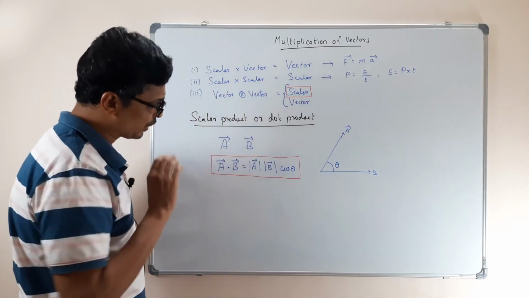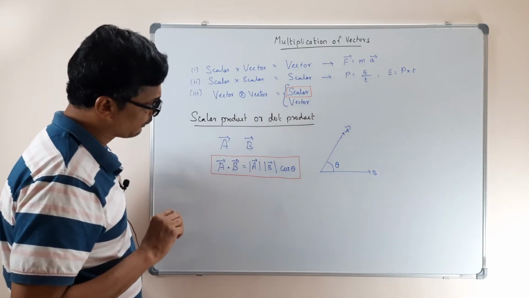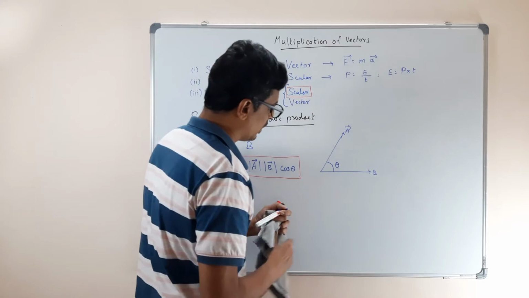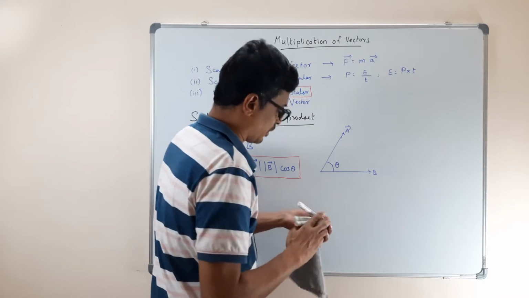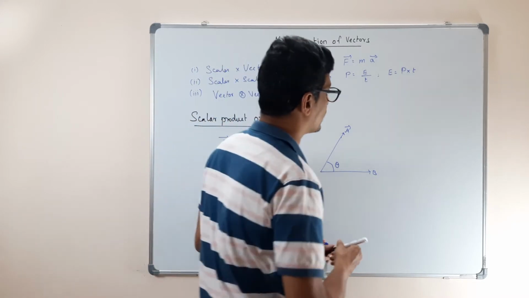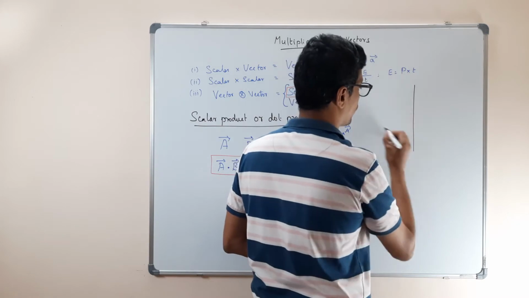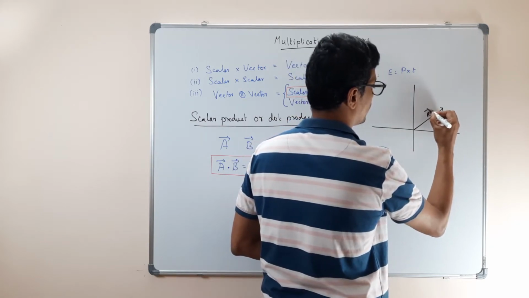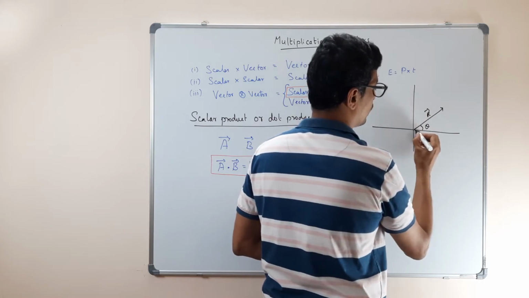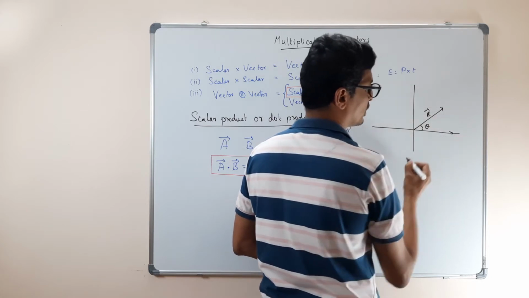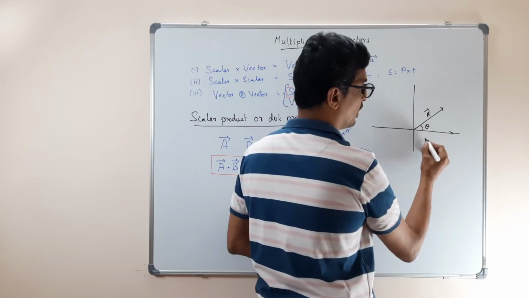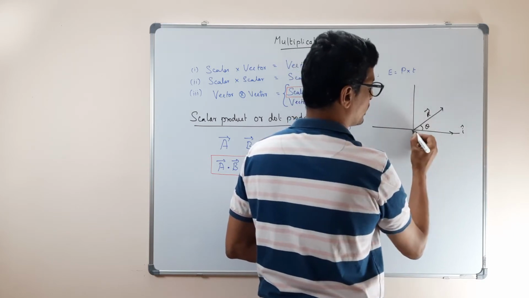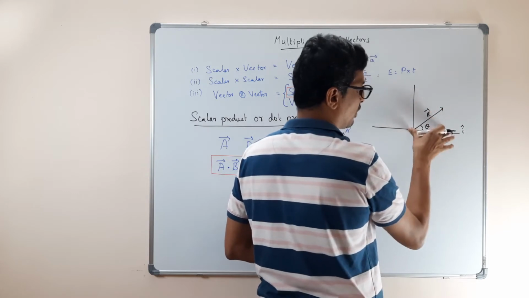So the way you can look at it is, if you remember, last time we resolved the vectors. Did you remember? We resolved the vectors, right? If you have an R vector, and this angle is theta, what is the component of the vector along this line? R cos theta, and it is along I cap. What is the component of the vector along this axis?